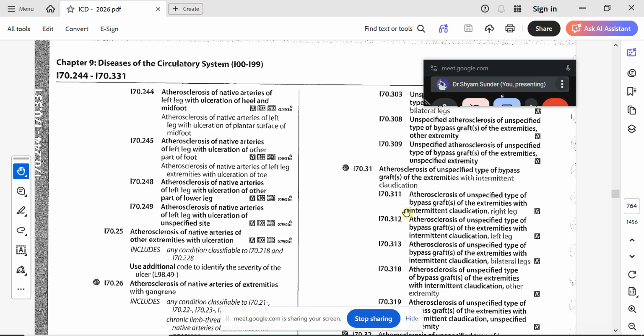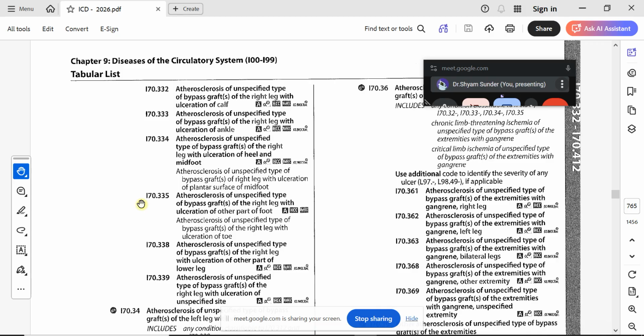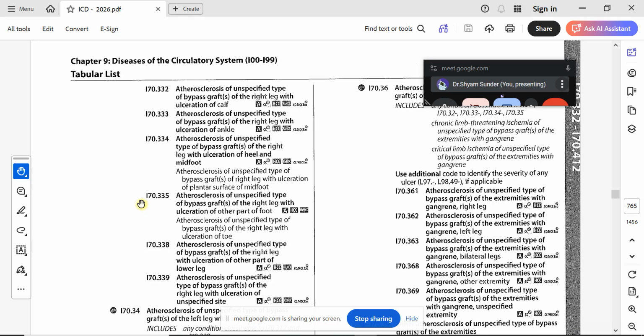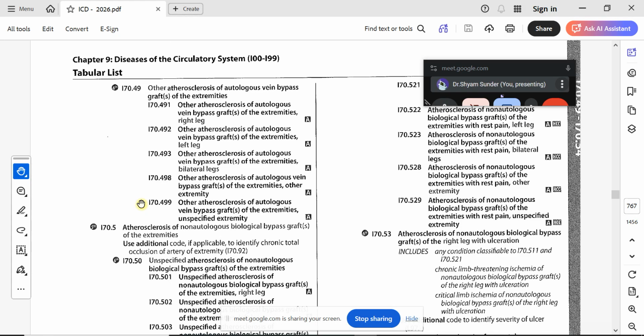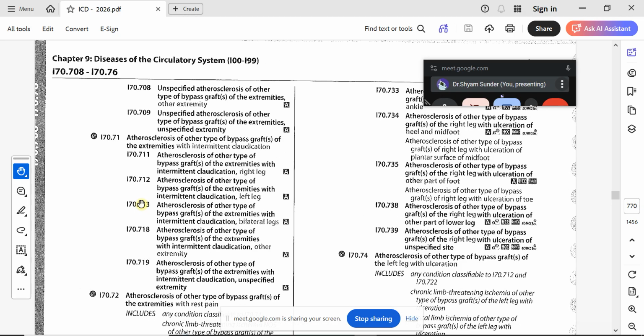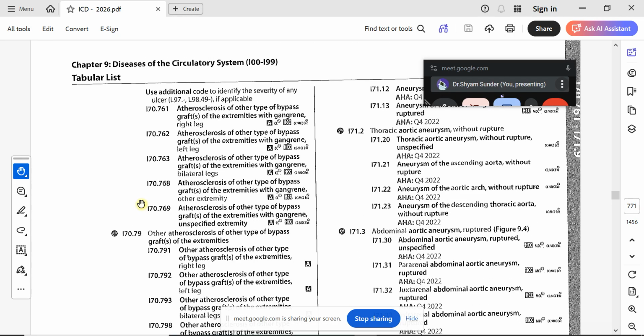So this is the difference you would understand. Native arteries and bypass arteries. The codes are different for native arteries, codes are different for bypass. So go through the tabular, the entire I-70 category. Look at this. Just the I-70 category, we have page number 1, 2, 3, 4, 5, 6, 7, 8, 9, 9 pages here.